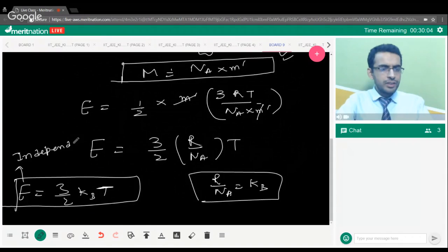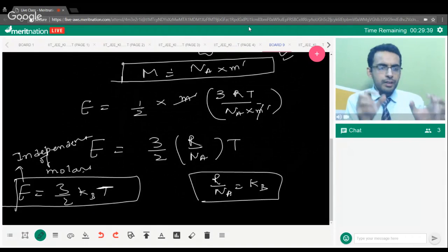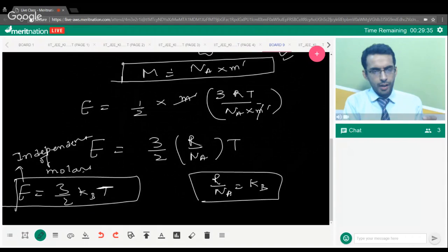The average translational kinetic energy is independent of mass or molar mass. You're right, R by Na is equal to kB. So it's the same for all gases and depends upon temperature only. For the same temperature, the translational kinetic energy will be same, and that doesn't depend upon the gas.